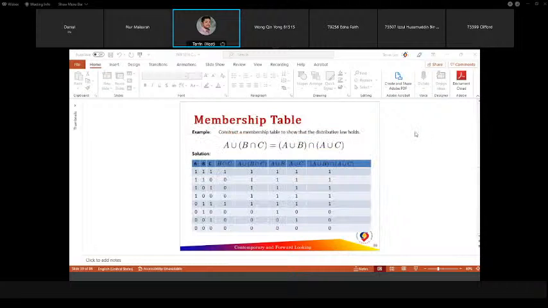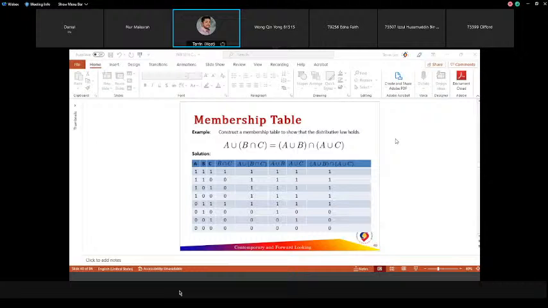But what we can look at now is called a membership table. A membership table is actually similar to a truth table that we see in logic. For those who have done truth tables before, a truth table is basically whether the outcome is true or false. This is so relevant to computer science because we always see binary digits, zeros and ones.